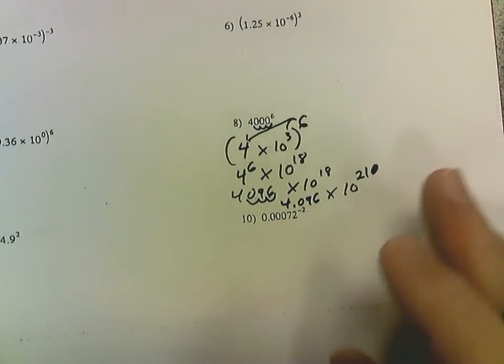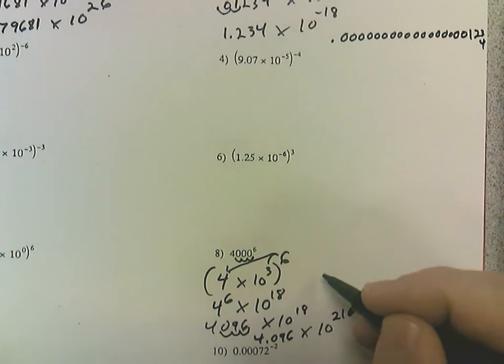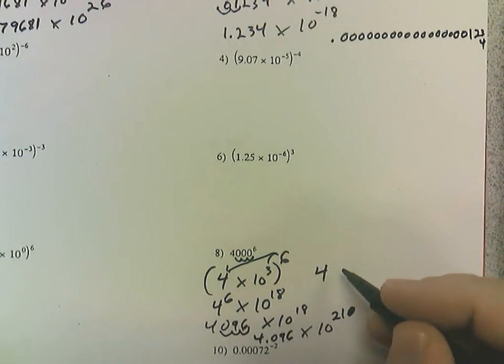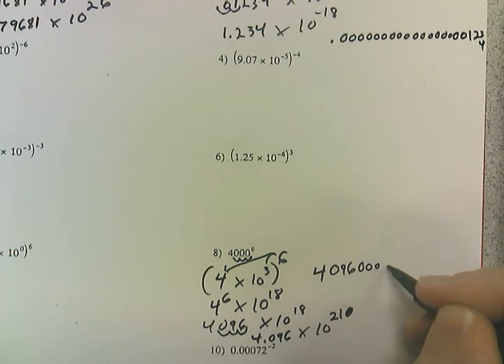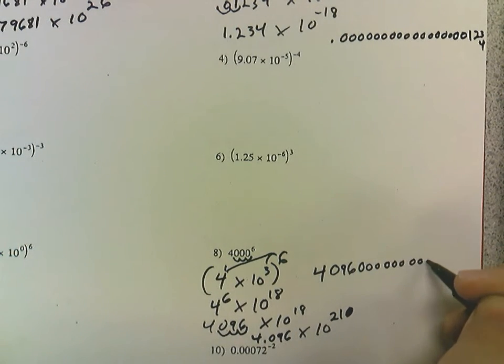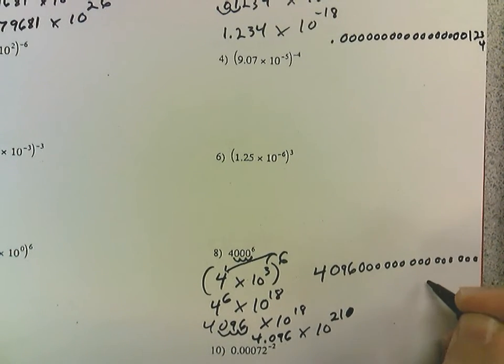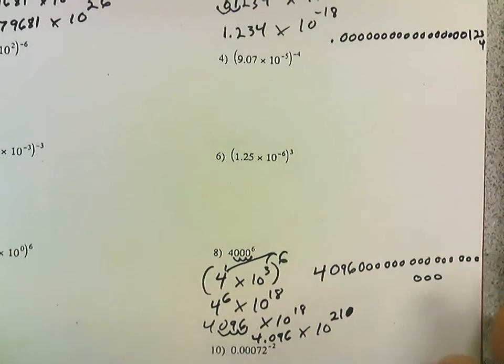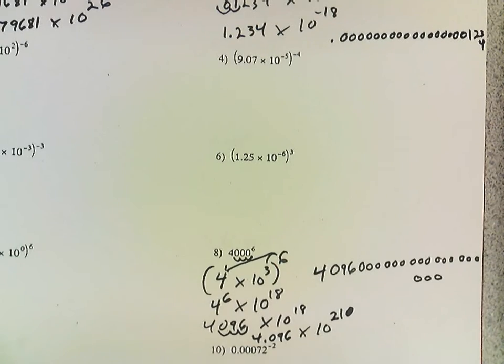Okay, and then again in standard form, oh boy, it's going to be 4, and then 1, 2, 3, 4, 5, 6, 7, 8, 9, 10, 11, 12, 13, 14, 15, 16, 17, 18, 19, 20, 21. I ran out of space. So those zeros are at the end there. Okay, but that is basically what you do for power of powers.